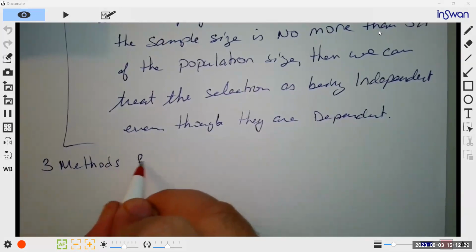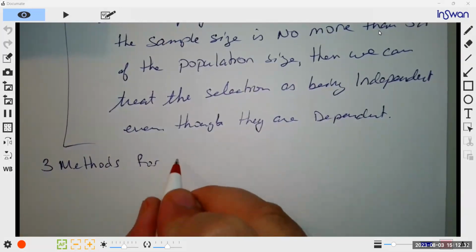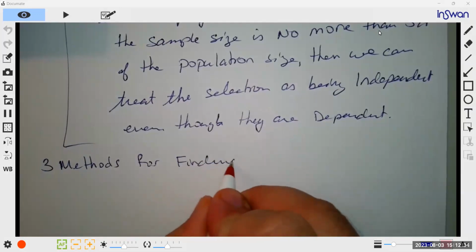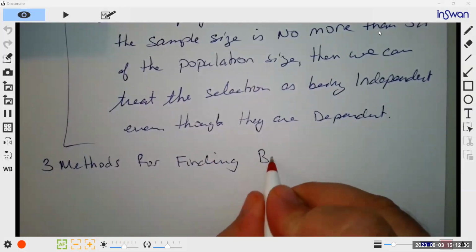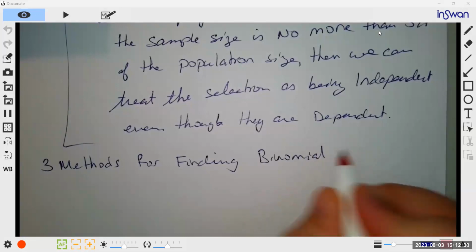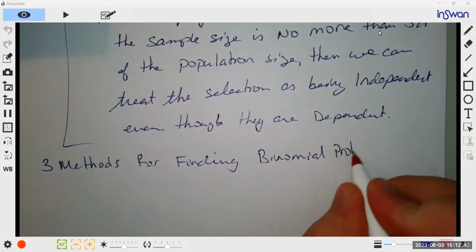Three methods for finding binomial probabilities.